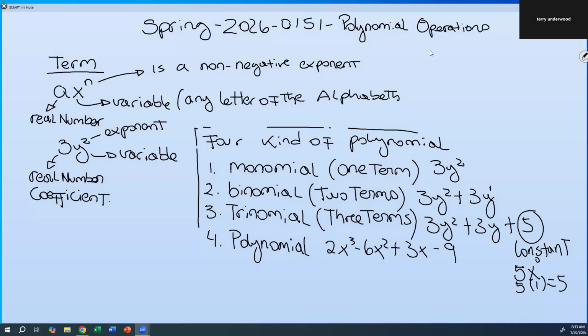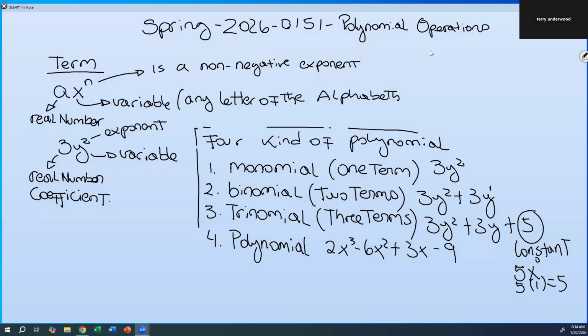Anything over 3 is called a polynomial. But also, the monomials, binomials, or trinomials are a subcategory of polynomials. They are all polynomials, but when you have more than 3, we don't give it any special name.